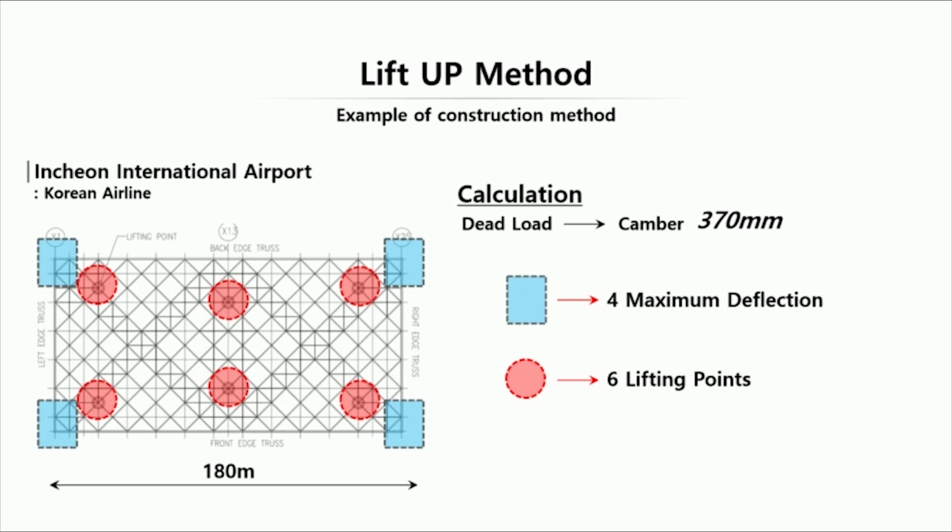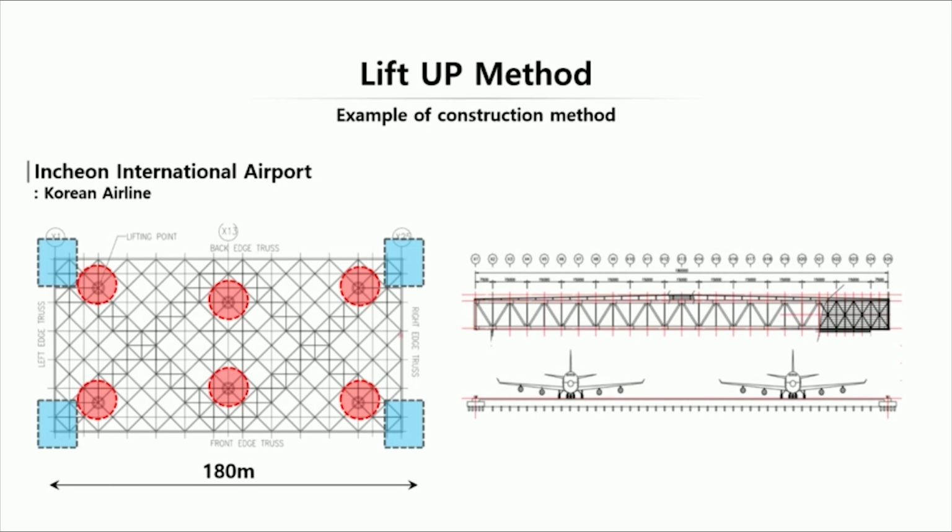When lifting at 6 lifting points, the largest deflection occurs at the 4 corners. After the column welding is completed and lowered, it is fixed in the correct position using a jack.